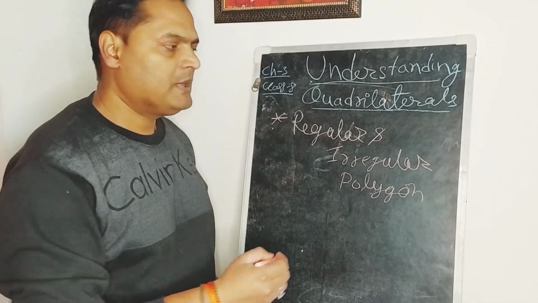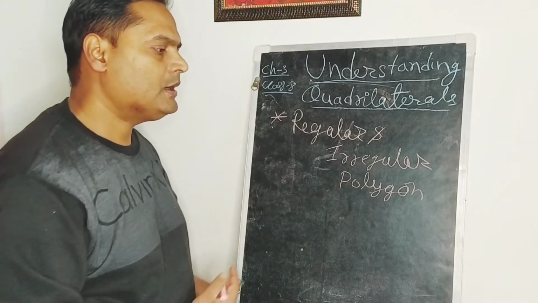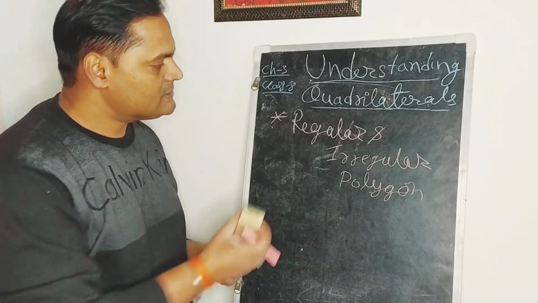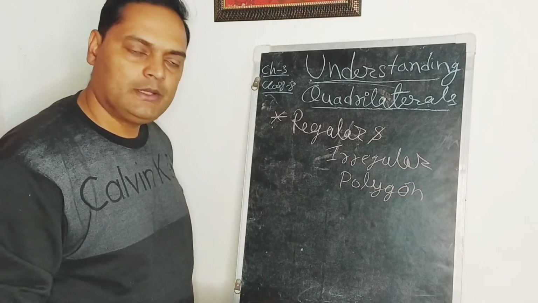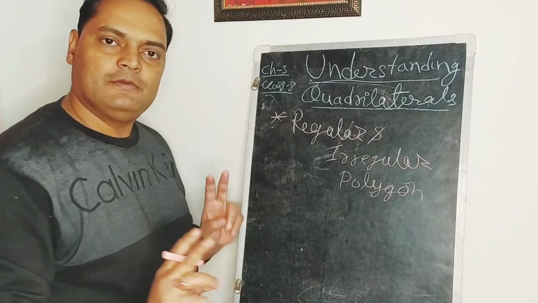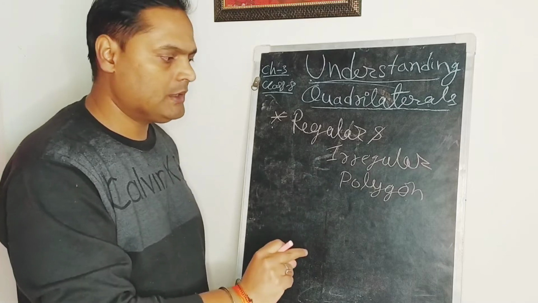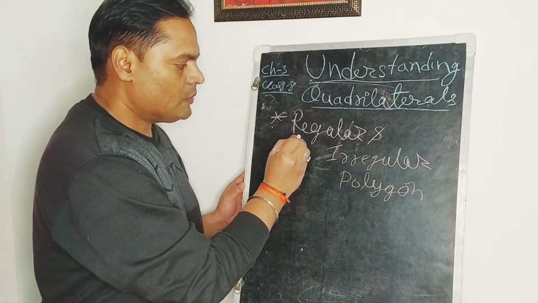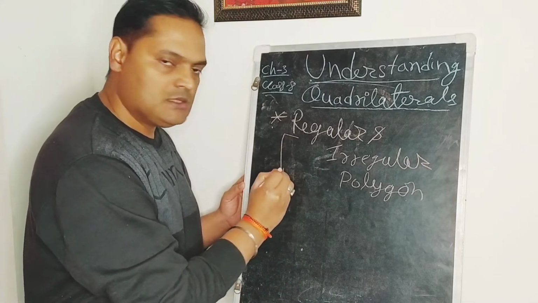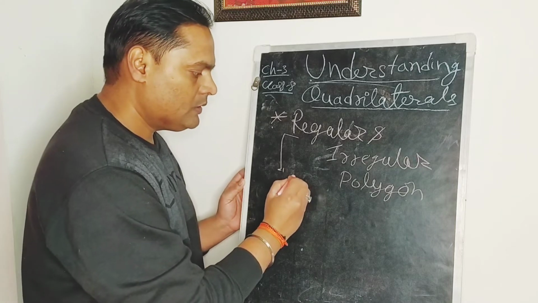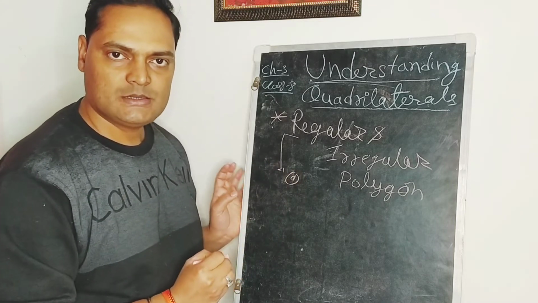Okay, so the next topic is regular and irregular polygons. So what are regular and irregular polygons? We have two things which classify regular and irregular polygons. When we say this is a regular polygon, we have 2 points.